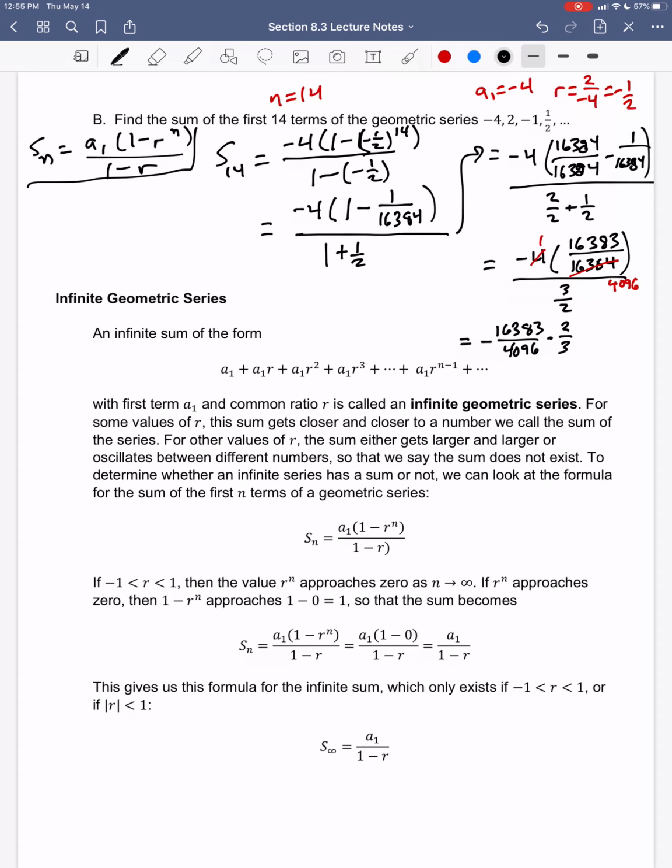And it turns out 16,383 can be divided by 3. That's 5,461. And 2, of course, goes into 4,096. So I get negative 5,461 over 2,048.